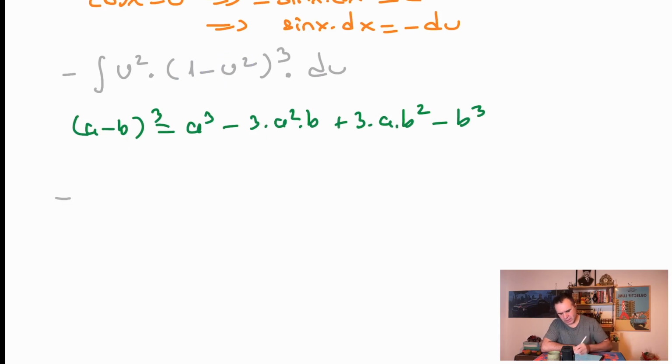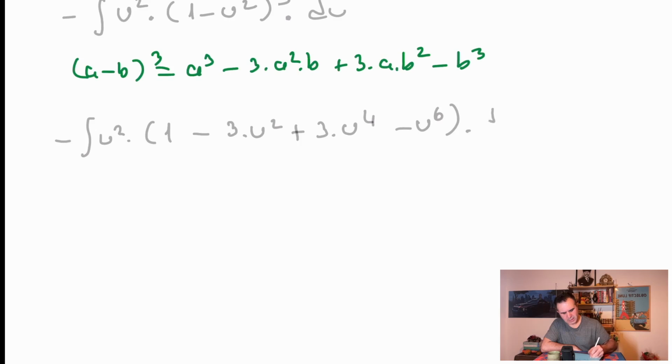Then the integral is u square times the cube of 1 minus 3 times 1 square times u square, which is 3u square, plus 3 times 1 times the square of u square, which is u to the power of 4, minus the cube of u square, which is u to the power of 6, du.